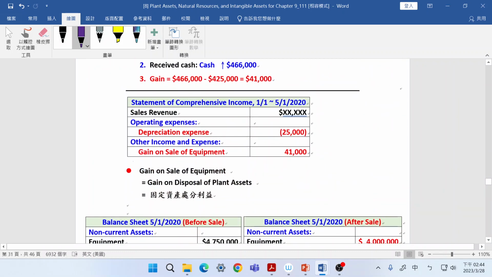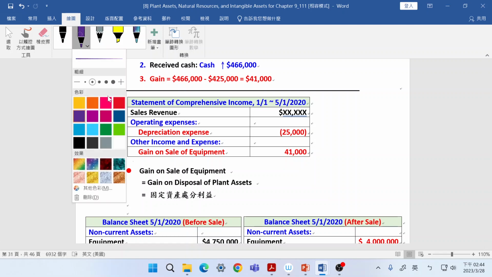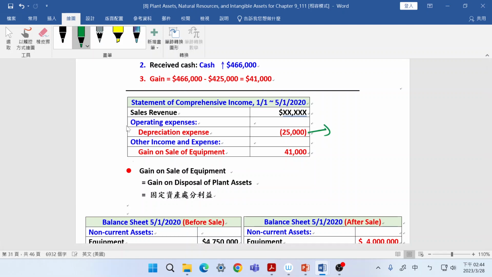That's right. I have a depreciation expense. This number from your step 1. I have a gain on sale of equipment. That's your step 2. And don't forget, we put it in different sections. Operating expenses or income, other income expense. Okay?